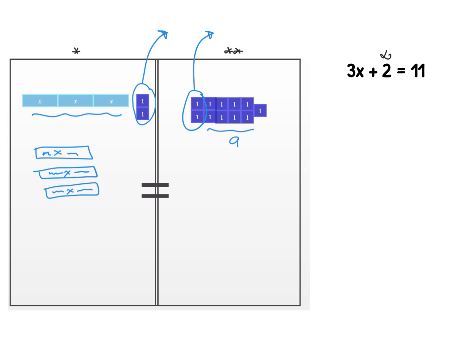But if I separated them so that they weren't in a line, and I have these 9 individual tiles, and I asked, how can I evenly distribute these 9 individual tiles for each one of our x's? Well, hopefully it makes sense that each one of the x's would have 3 of the unit tiles, so that it was even. So each x, because each x has to be exactly the same value, right? Because it's the same variable, has to be equal to 3 unit tiles.